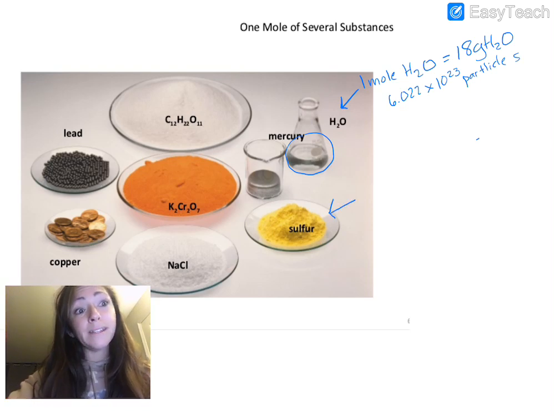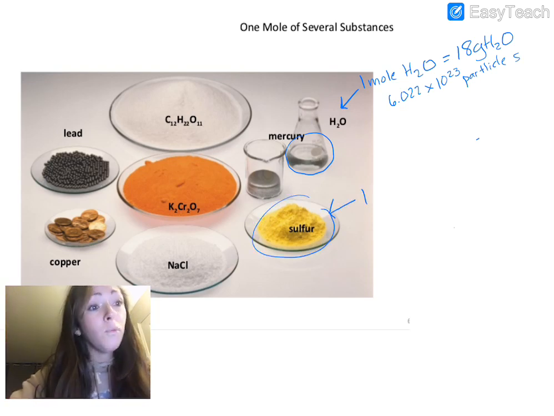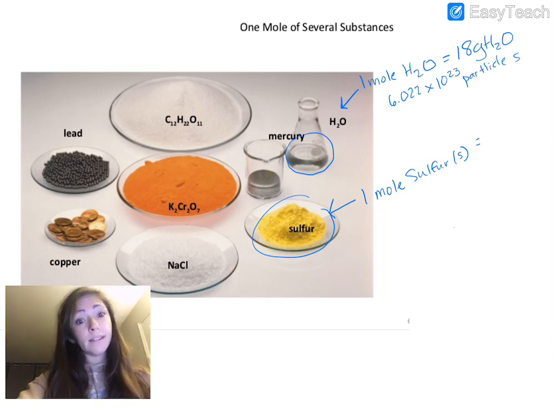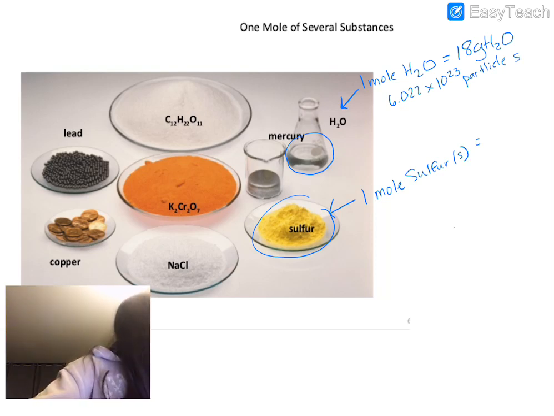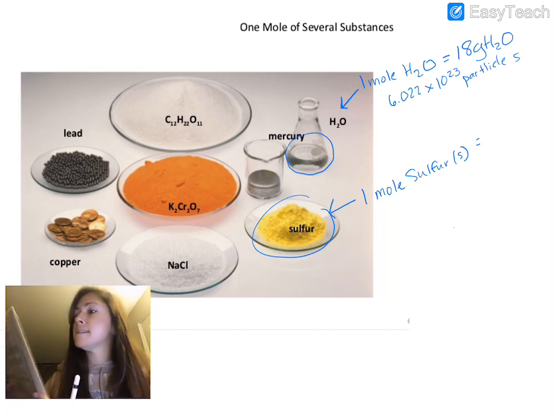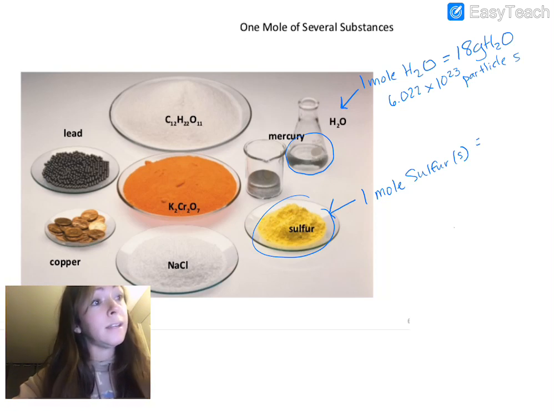Right here, this is sulfur. It's an element, okay? 1 mole of sulfur, and the element symbol is S on the periodic table. 1 mole of sulfur, its average atomic mass is 32.064, so that means that it is 32 grams.